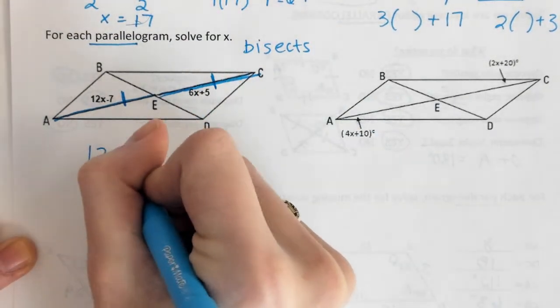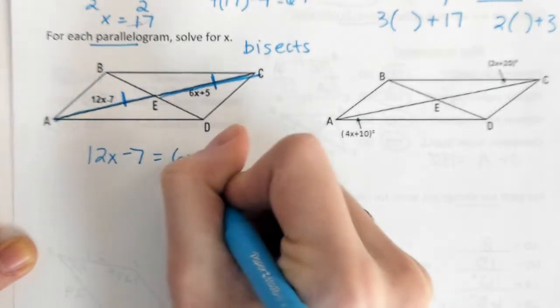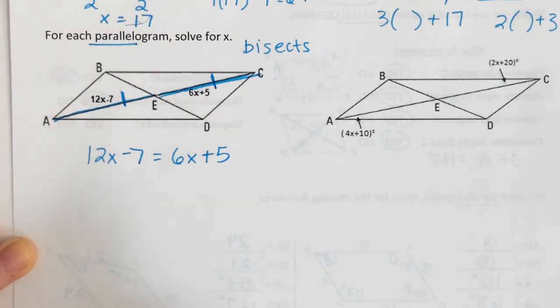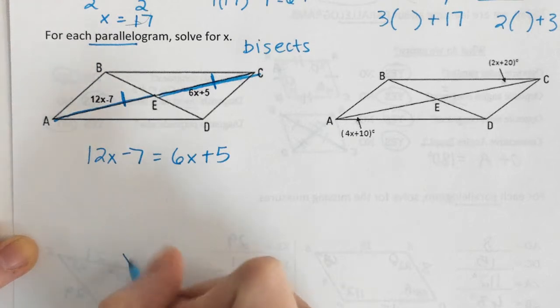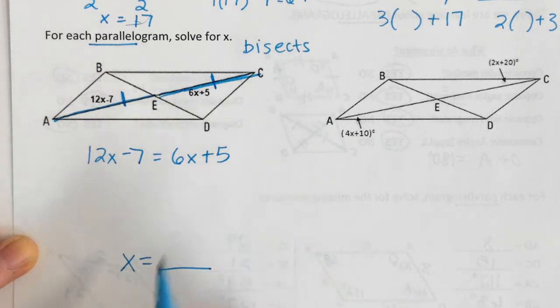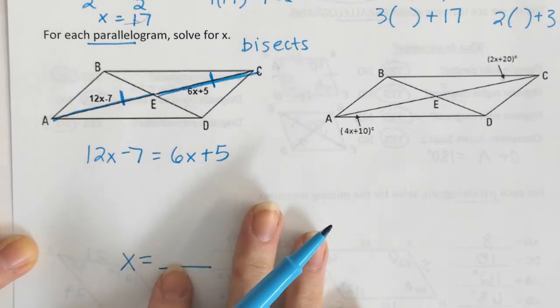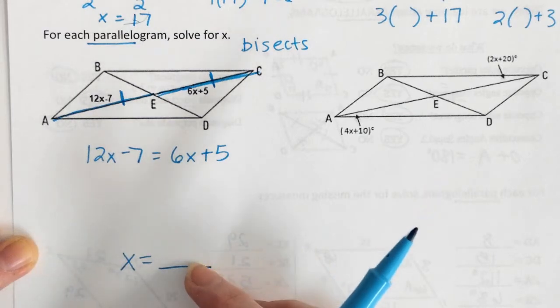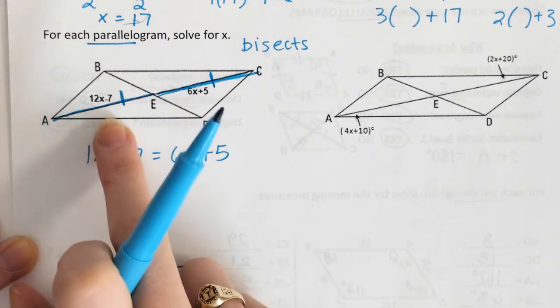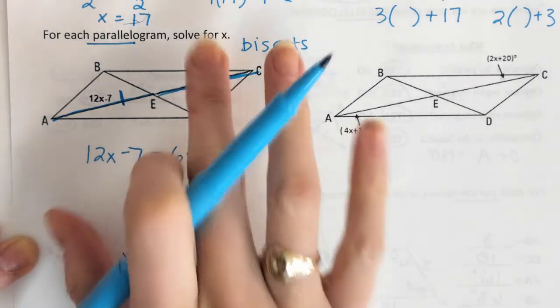So 12x minus 7 equals 6x plus 5. You practice solving that. Do all the work here. X equals blank. I want you to solve it all the way down for what x equals. I will be checking this next class to see that you did all your work here. Once you get x, that question is all done because it just says solve for x.